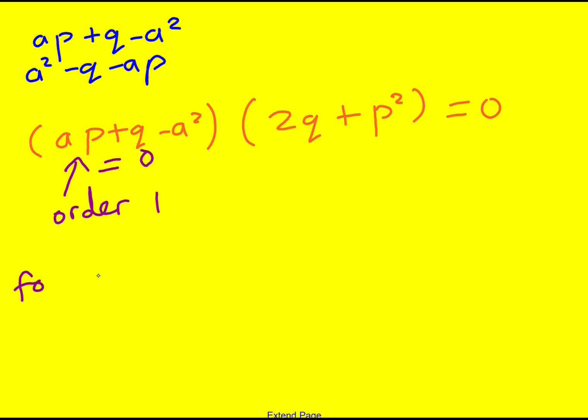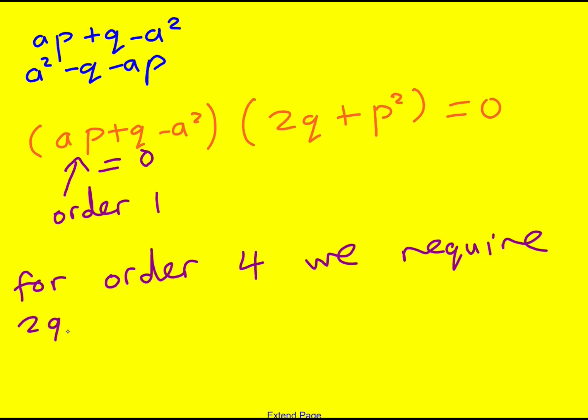So for order 4, we require 2Q plus P squared equals 0.